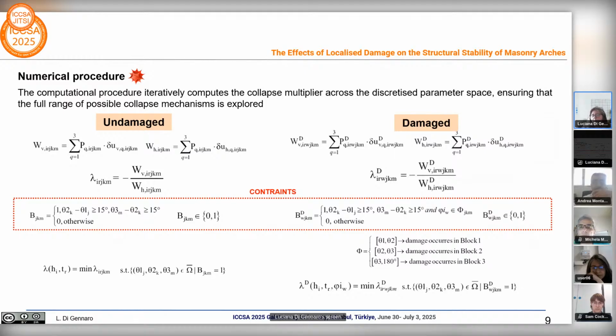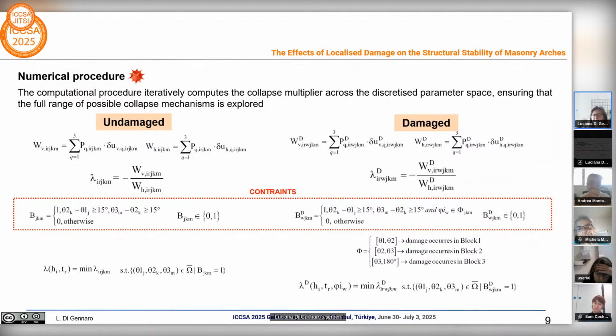the kinematic blocks are geometrically defined, and their properties such as area, center of gravity, and weight are computed in the procedure. So for the undamaged condition that you can see on the left part of the slide, lambda is computed as a function of 5 parameters: H, T, and the ordered triplets of theta angles, while for the damaged condition in the right part of the slide, lambda is also a function of the position of the defects phi with I, becoming a 6-dimensional matrix.